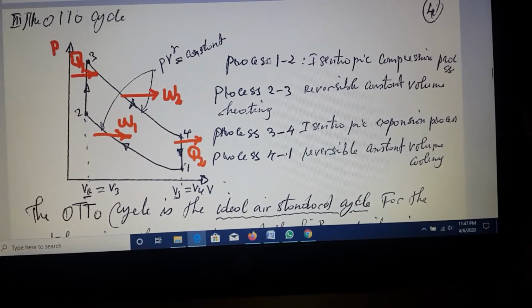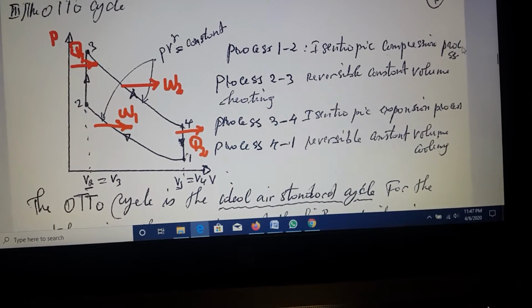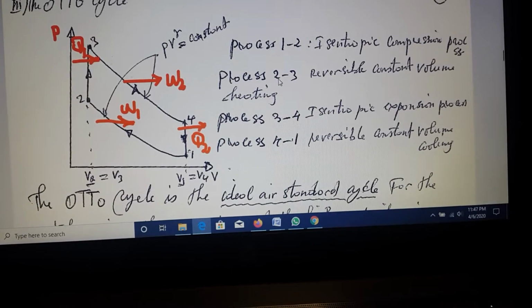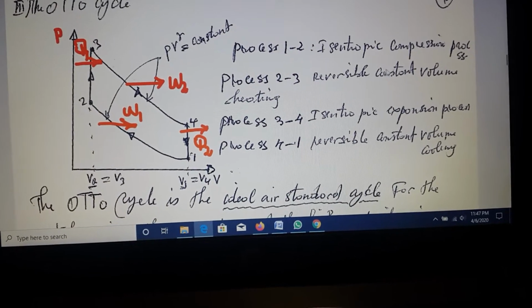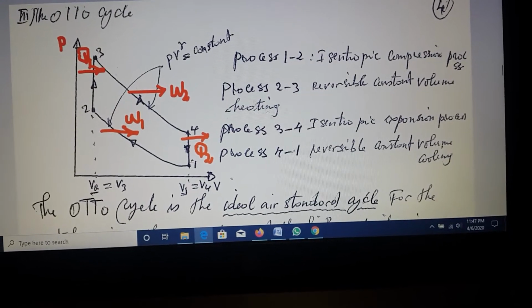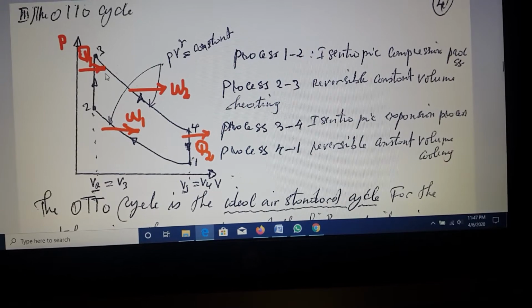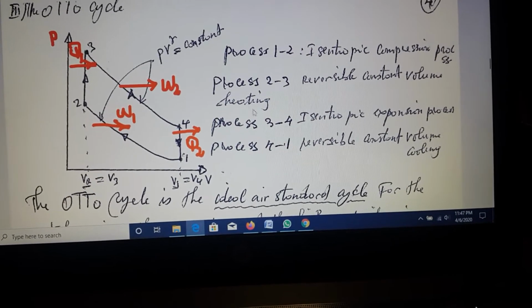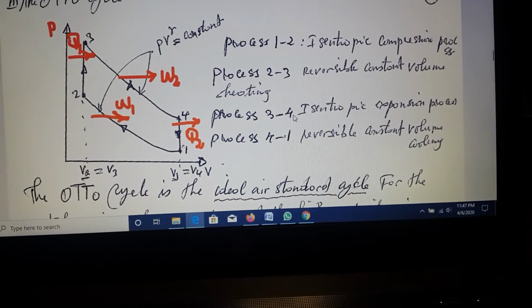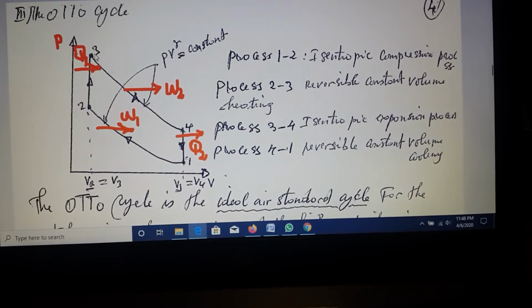And then you have all the processes here. From 1 to 2 is an isentropic compression process. The process from 2 to 3 is a reversible constant volume heating, which means that this is where the heat is supplied. That's why you see that it's coming inside the system. Now from process 3 to 4, isentropic expansion, because it's going down now.